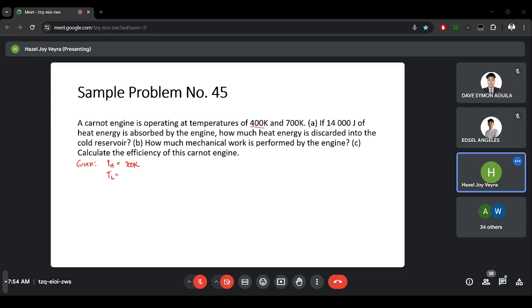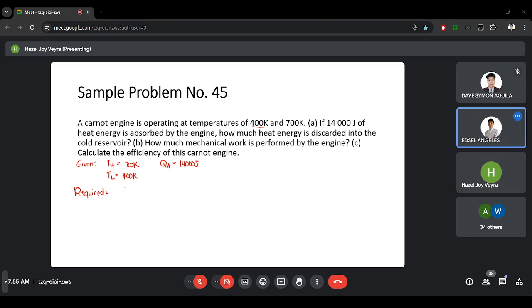Okay. What is the 14,000? 14,000 joules po ay ang QA. Correct. And what are the required parameters in the problem?